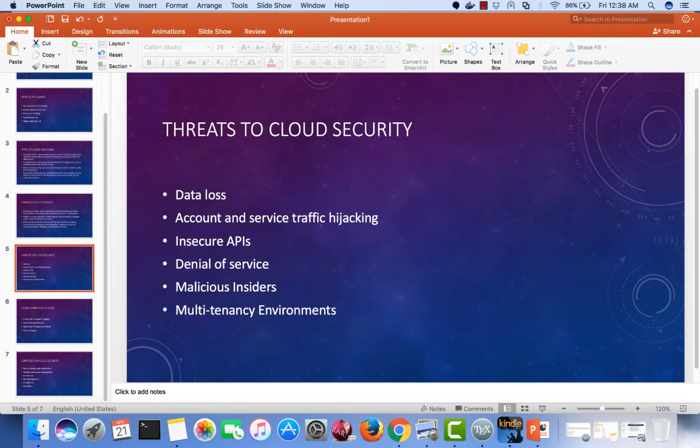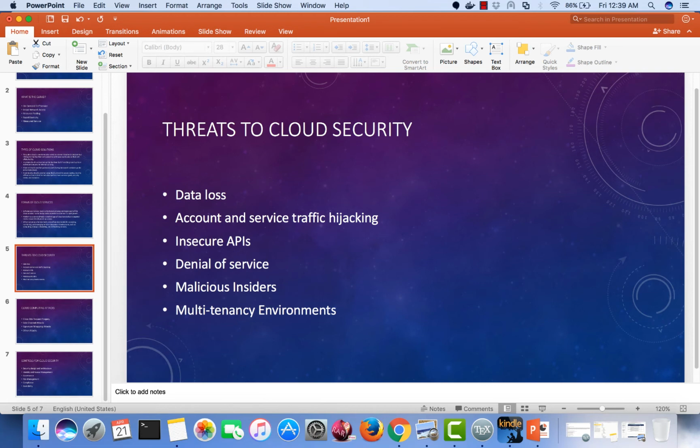Data loss is so big, and it has to be addressed by people that choose to use the cloud or any technology that stores data. Unlike a data breach, data loss is the process of losing data through an accident.